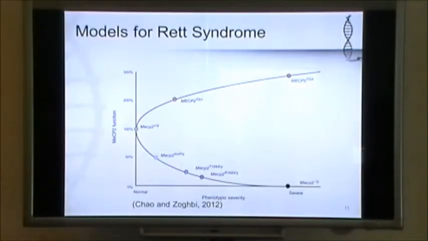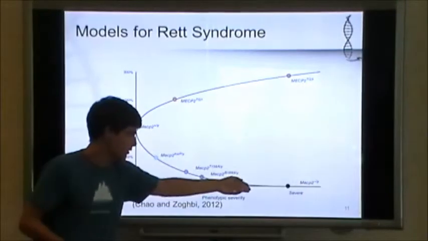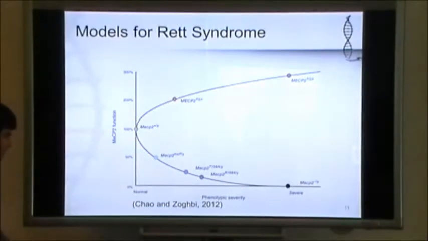There are several models for Rett syndrome, having mouse models having different mutations in the MECP2 gene. Here indicated on this graph, at normal 100% MECP2 function we'll have the normal phenotype, whereas the MECP2 deletion over here will have the most severe phenotype. What's interesting here is that based on the different mutations, we see a wide range of different phenotypes.